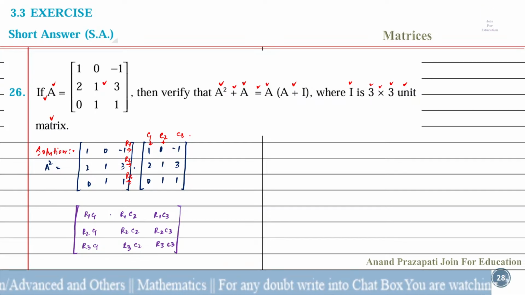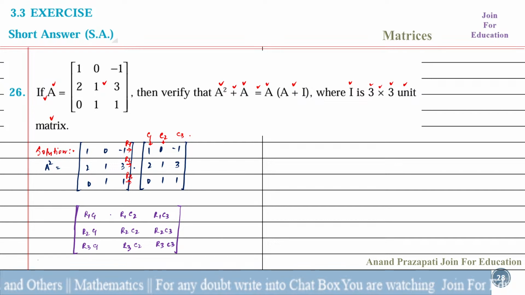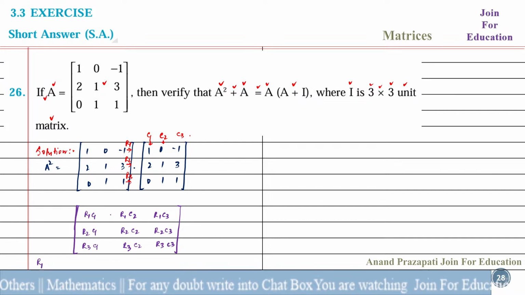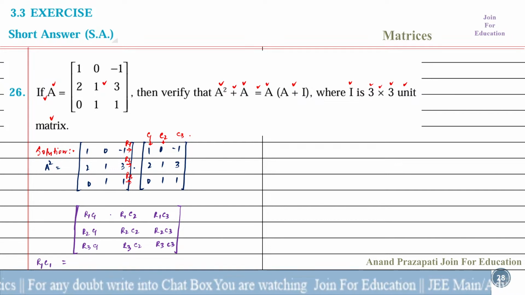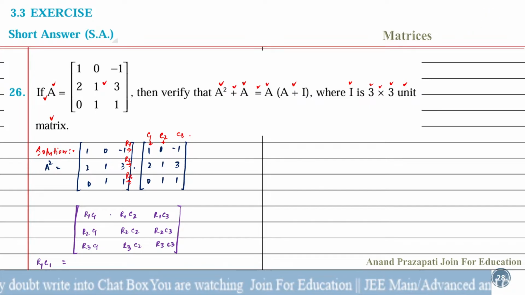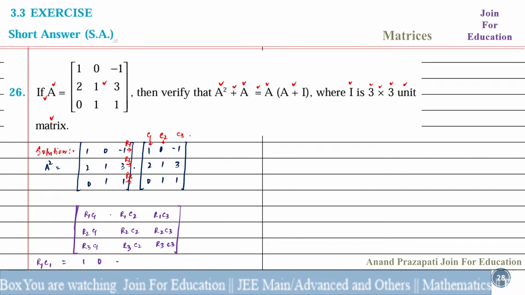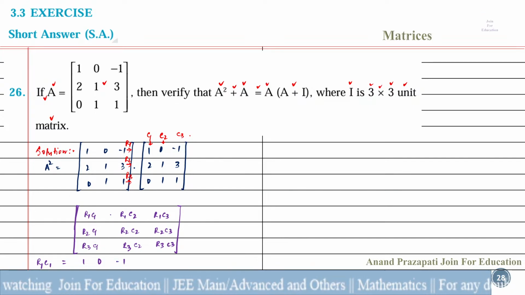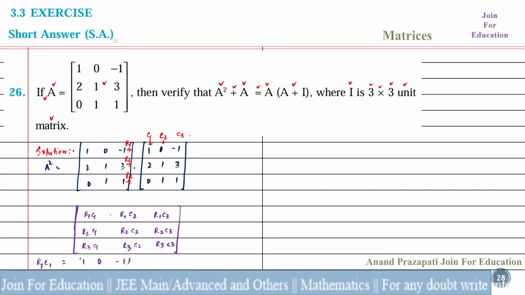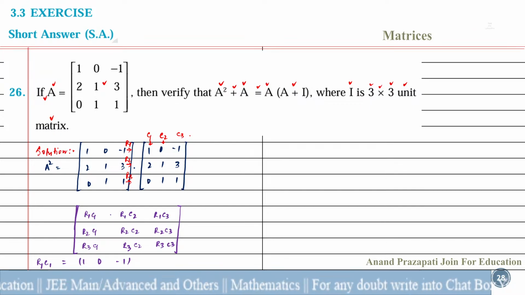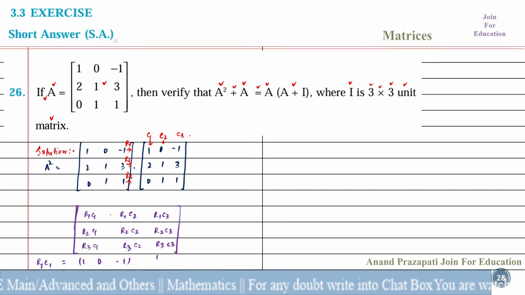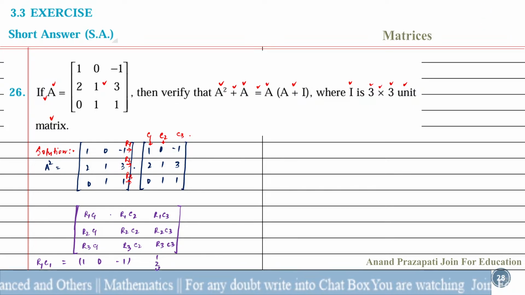This is another method. So we find out R1 into C1. We write down here R1: 1, 0, and minus 1, and C1 we write down here 1, 2, 0.